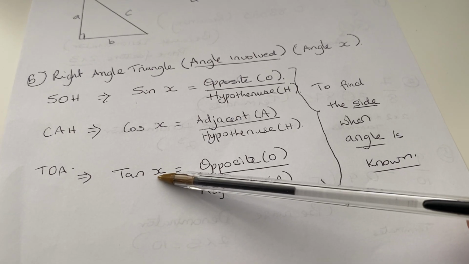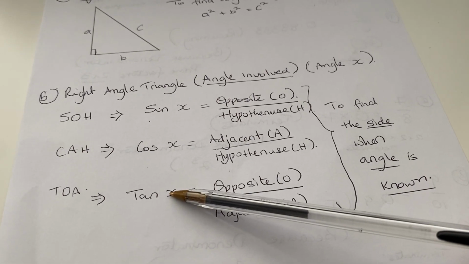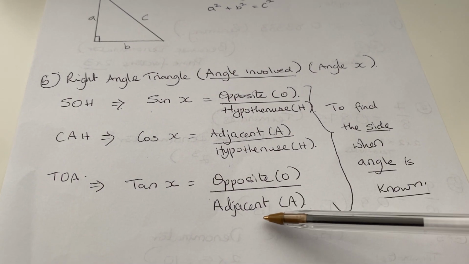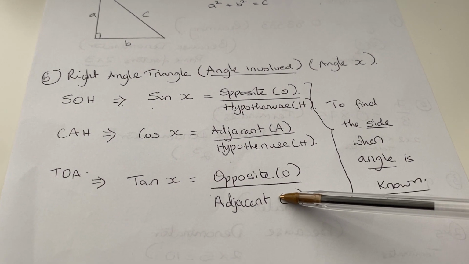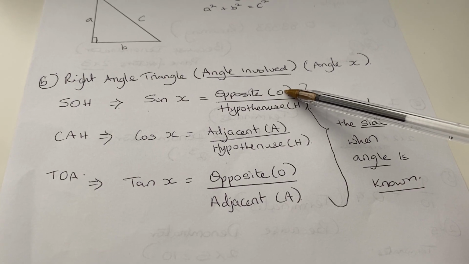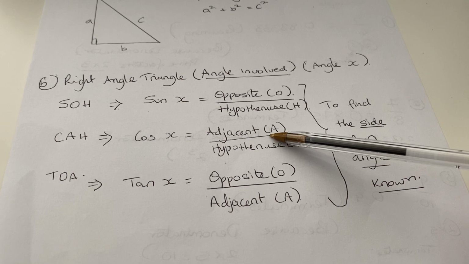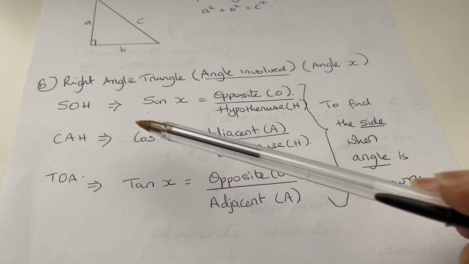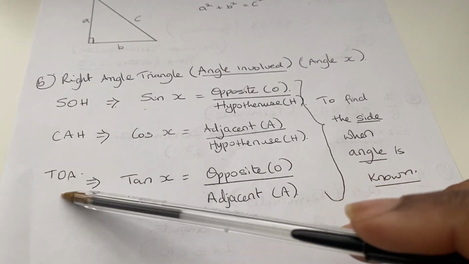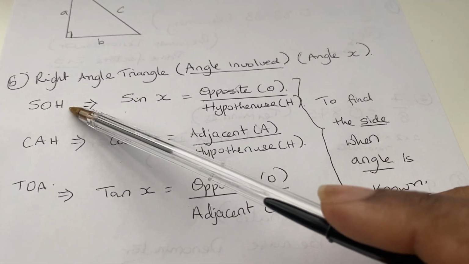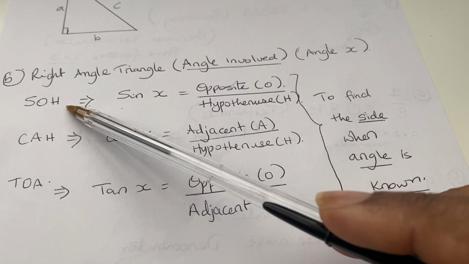Tan of x here again is the opposite over the adjacent. So just by knowing O is opposite, A is adjacent, H is the hypotenuse, you can always create this formula in the exam if you remember SOHCAHTOA.